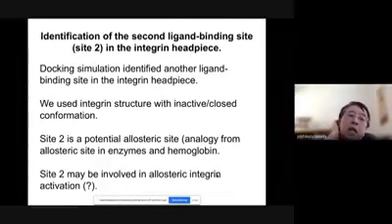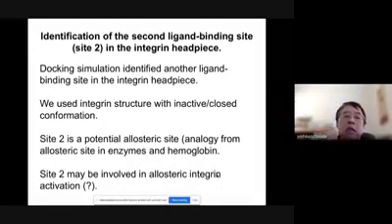I didn't understand at the beginning what the role of this interaction is. So what is this second binding site? That's because in the crystal structure of integrin, the RGD binding site is only one. So what is this second site doing? This is the major question.